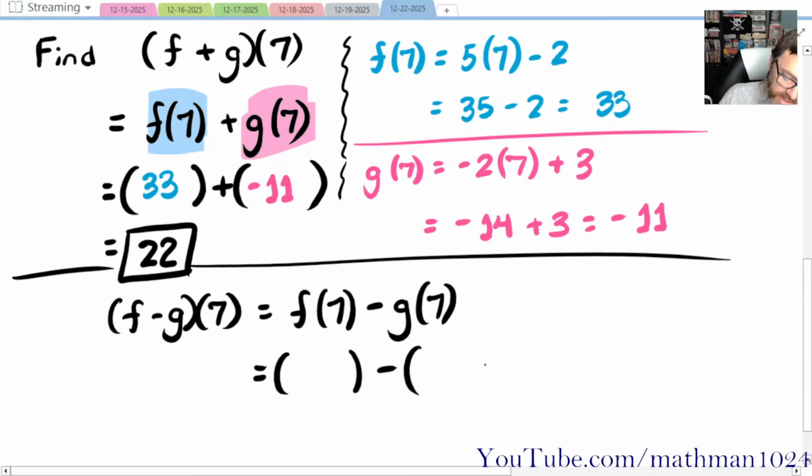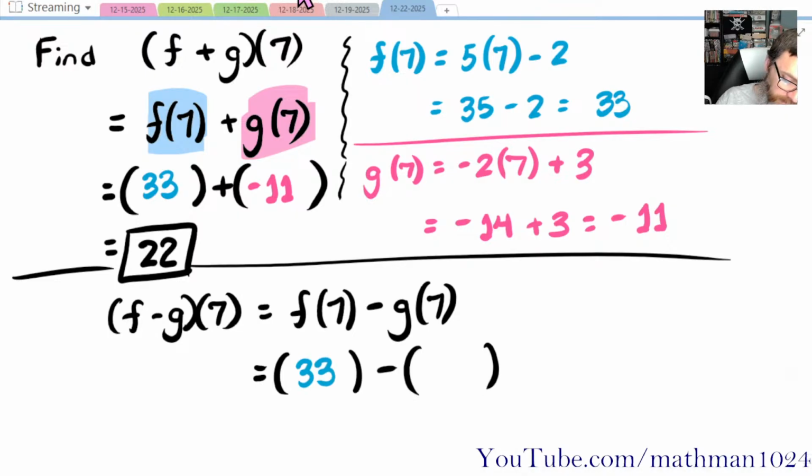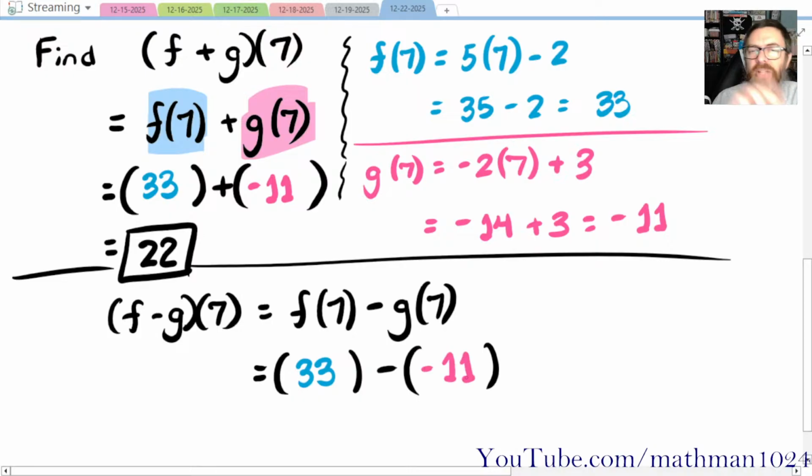My suggestion is to use parentheses whenever you're plugging in these, or whenever you are writing these values. So f of 7 is still 33. g of 7 is negative 11, right? So I hope you can see the importance of using the parentheses when I do the substitution.